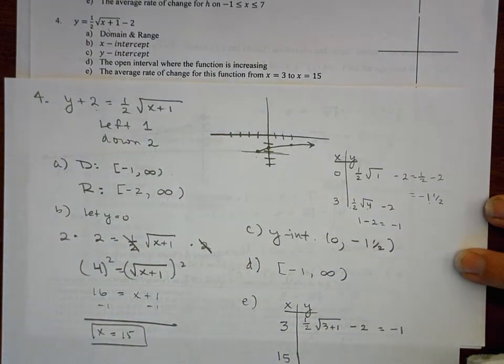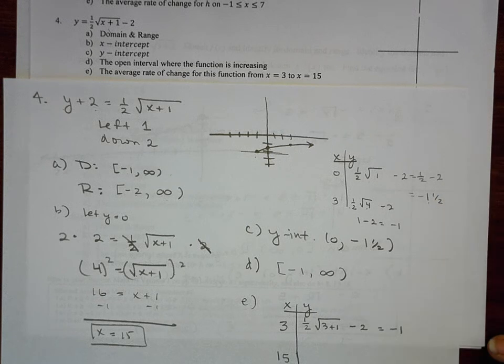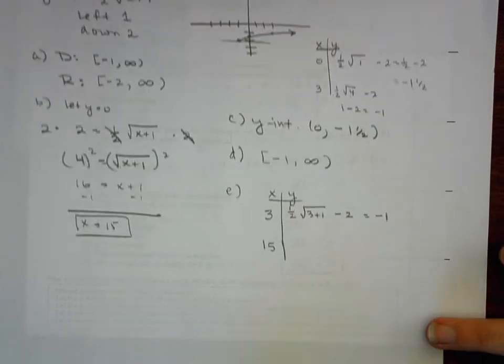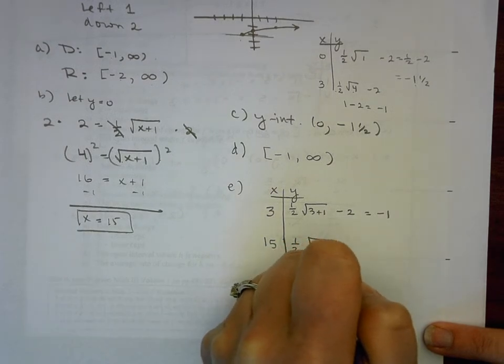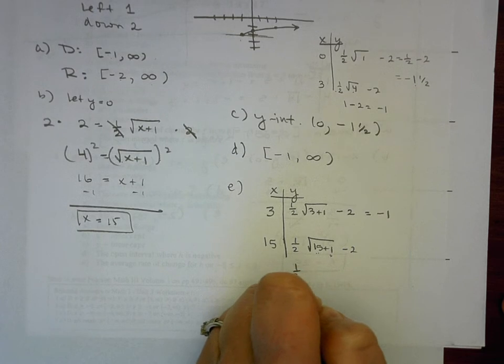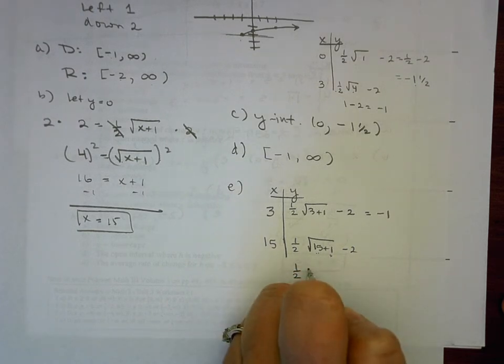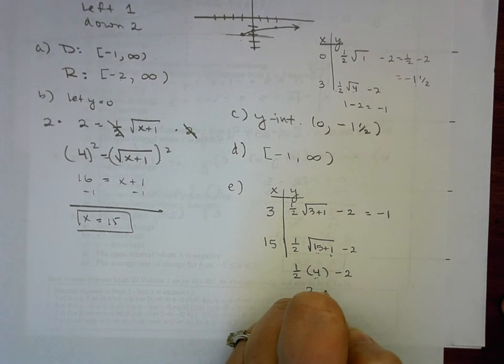So I'm just looking, okay, I solved it up here. And then now I'm going to do the same thing again, but now I'm going to do it for 15. So replace x with 15. Again, I'm looking at the original problem. So 15 plus 1 is 16. And the square root of 16 is just 4. Half of 4 is 2. And then 2 minus 2 is 0.